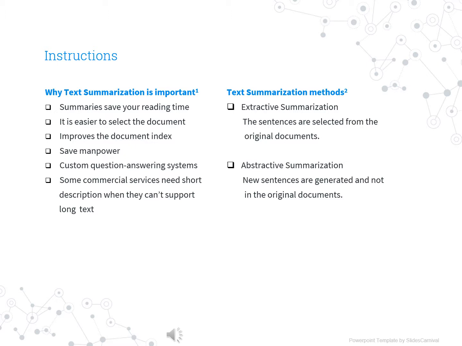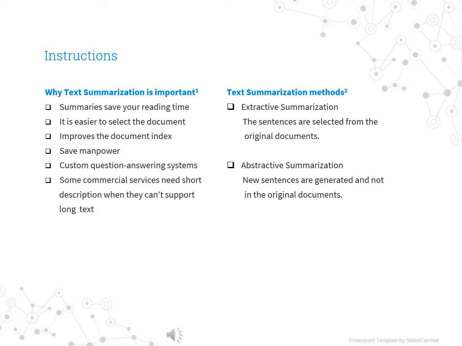It is impossible for an answer machine to answer a question with a very long text. It must be a short description, and a short description is also used in commercial services, such as Apple Watch, to display a very short description, such as news, weather, or something else. But it cannot be long text on the watch.